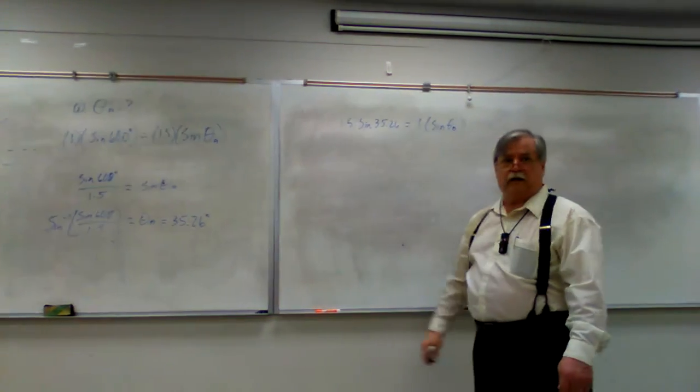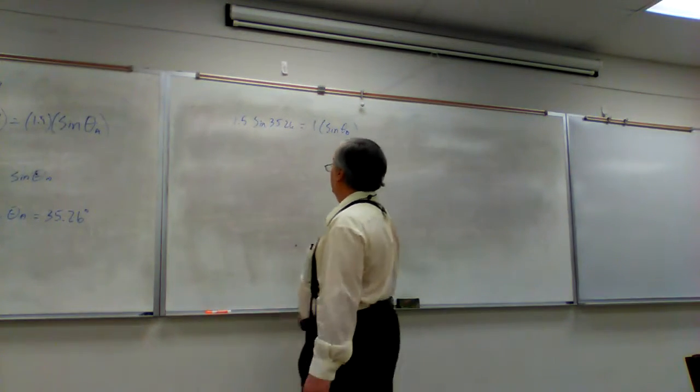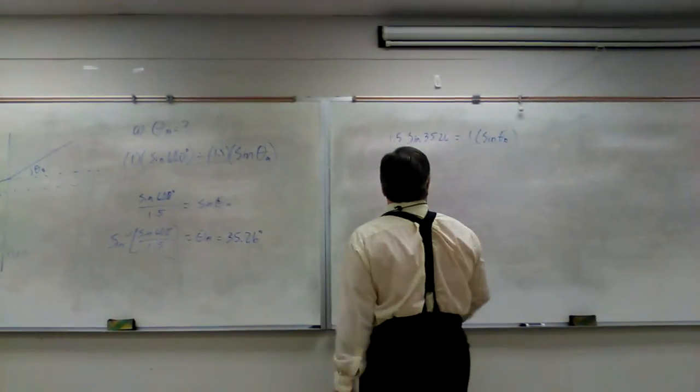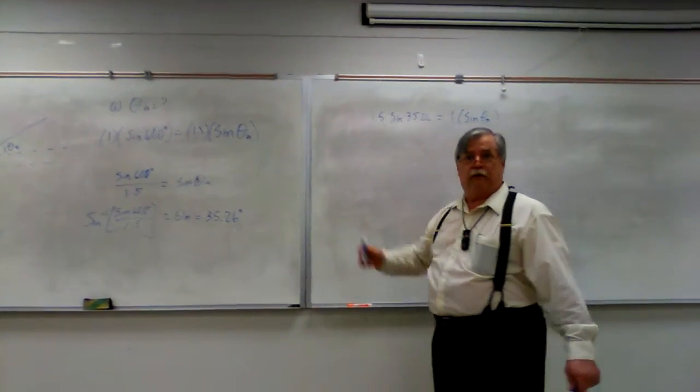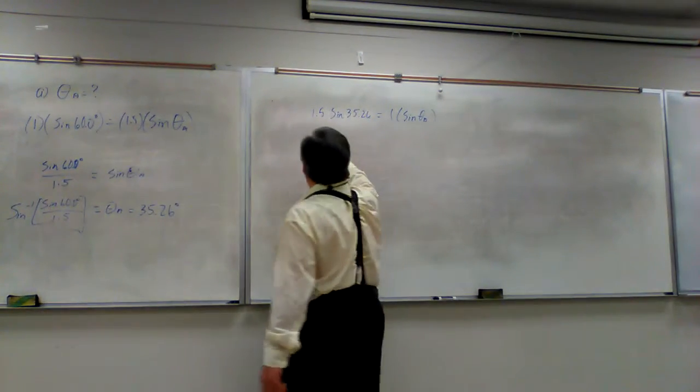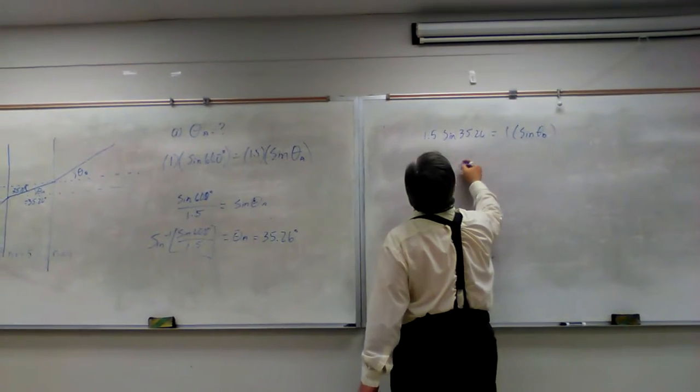Bingo. Exactly. So, there's not really a whole lot of algebra to do. These are all known numbers, so what's 1.5 times sine 35.26?